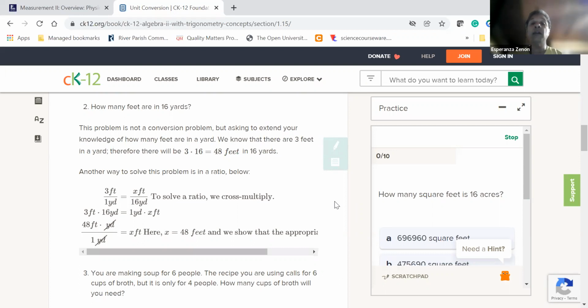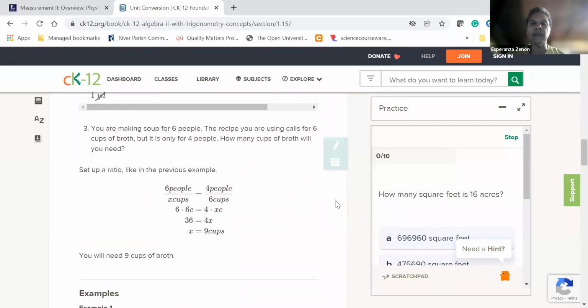Now, some of you might be comfortable using this technique. Feel free to do that if that's how you like to solve things. Again, I stick to the dimensional analysis technique, like the example that we worked with the cups and the gallons. But of course, you are free to use this technique if it's something that you're comfortable with.